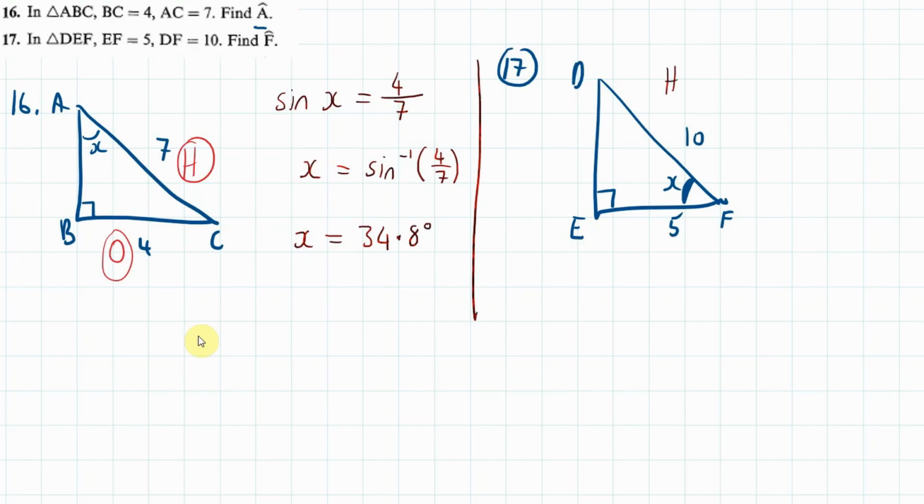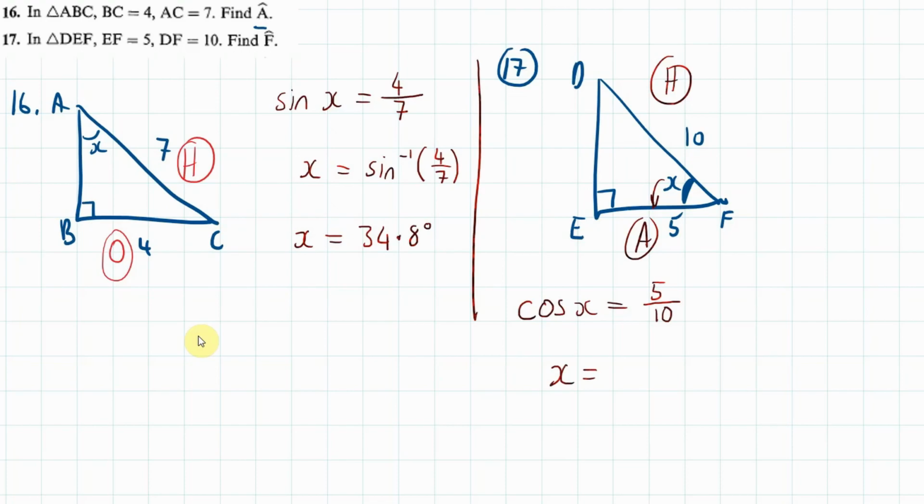We've got a hypotenuse. We've got an adjacent. It's adjacent because it's next door to the X. So it's CAH. So it's cosine x equals adjacent, which is 5. Remember, A over H, so A goes over the H. The H is 10. And therefore, x is equal to, what do we do now to get rid of that cosine?